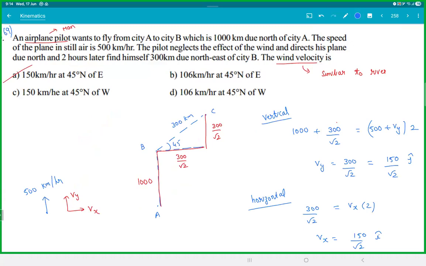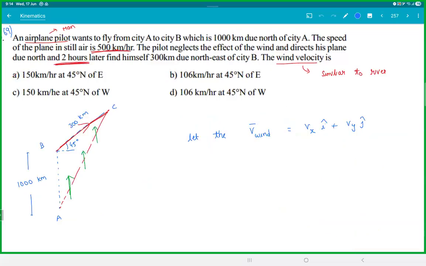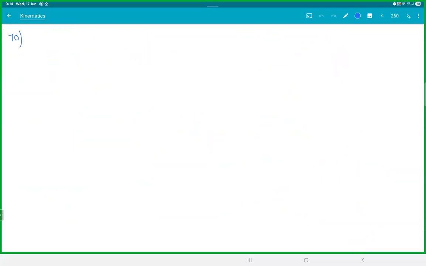The next one. Let's see how they can frame one for advanced level. If you ever actually see a river, rivers don't flow with constant speed. So we got a river here whose width is d.